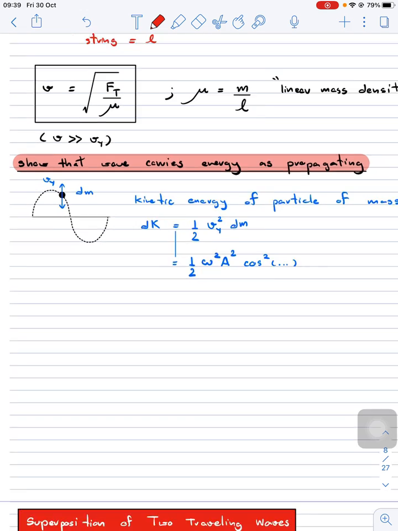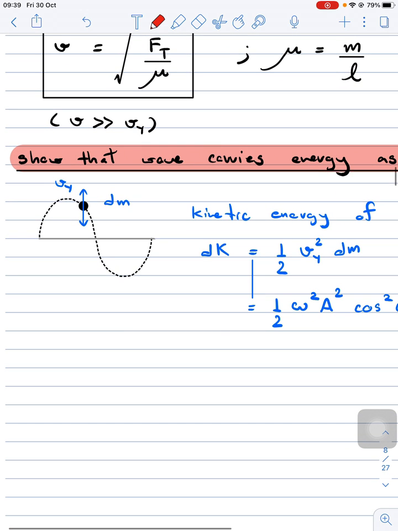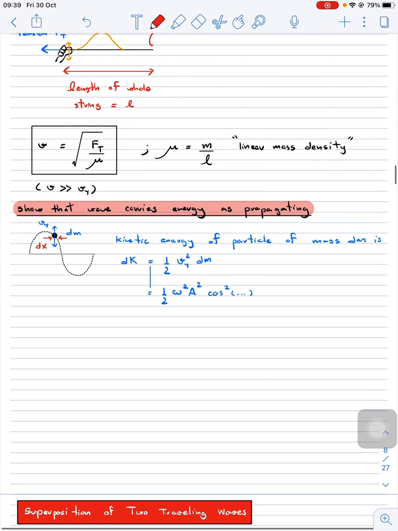So how? Okay, so let's say that the width of this element equals dx, the width of this string element is just dx, and then we say that we have the mu, the mu equals the mass over the length.